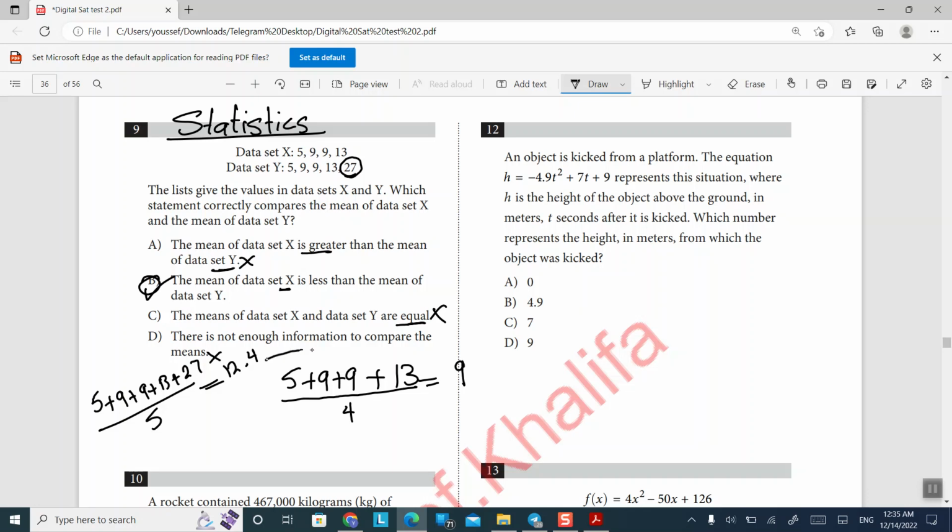So it's obvious that 12 is greater than 9, so B is the correct answer. And otherwise, you can just take it from the set of values that are mentioned already in the question. In order to save time, or if you're not that sure, you can use this way, but I don't advise you to use it since it's already clear from the values given. Okay, so let's move on.